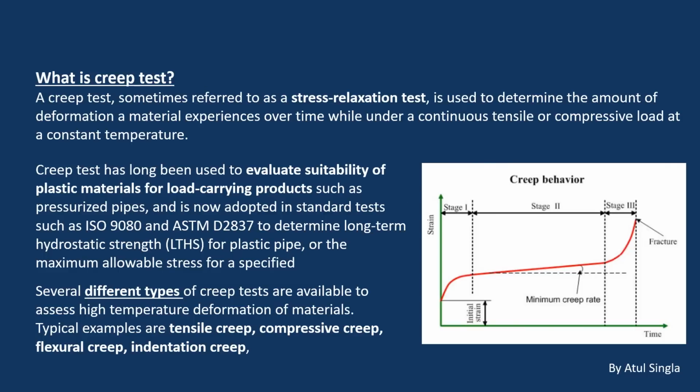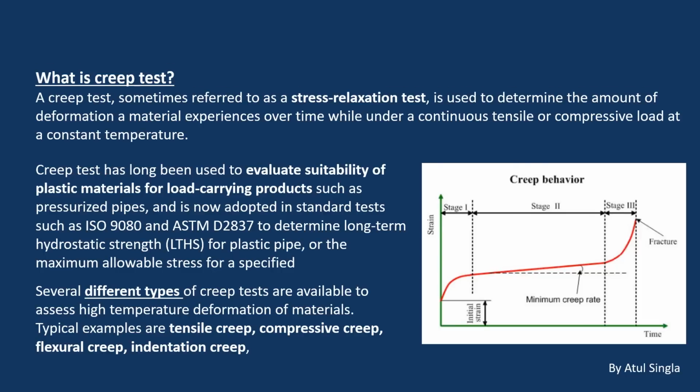These creep tests have long been used to evaluate the sustainability of plastic materials for load carrying products, especially pressurized pipes. There are a few standards which give the benchmarking guidelines and requirements to identify this kind of deformation, for example ISO 9080 and ASTM 2837.